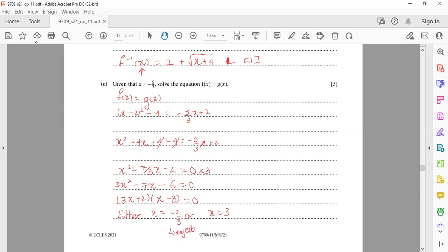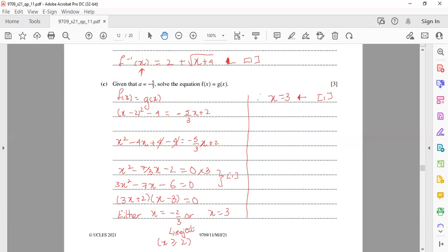Because initially, for f of x, x was greater than or equal to 2. So therefore, x is equal to 3 only. For this question, you score 1 mark for finding the correct quadratic equation, and 1 mark for giving only one value of x.